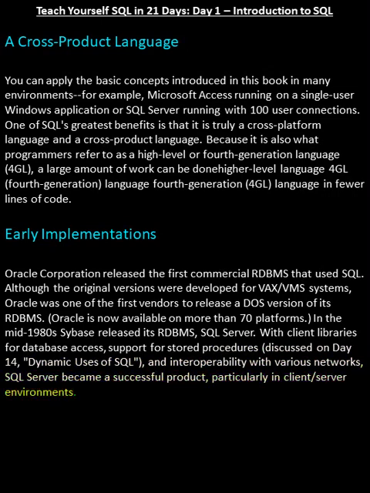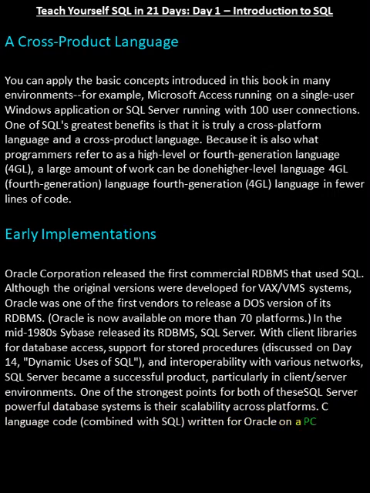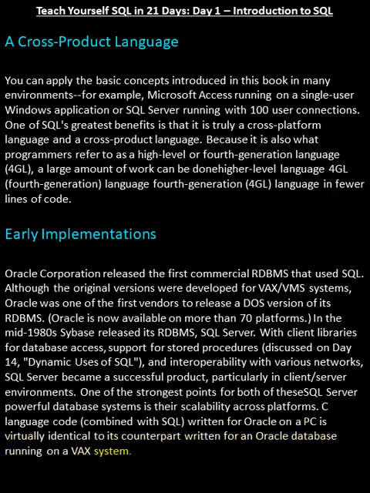With client libraries for database access, support for stored procedures, discussed on Day 14, dynamic uses of SQL, and interoperability with various networks, SQL Server became a successful product, particularly in client-server environments. One of the strongest points for both of these powerful database systems is their scalability across platforms. C language code, combined with SQL, written for Oracle on a PC is virtually identical to its counterpart written for an Oracle database running on a VAX.